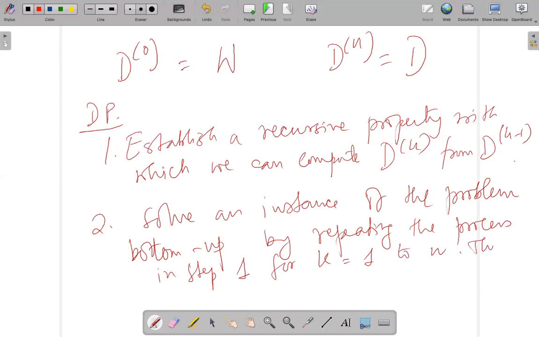So this creates a sequence d0, d1, d2 up until dn, where d0 is w and dn is d.